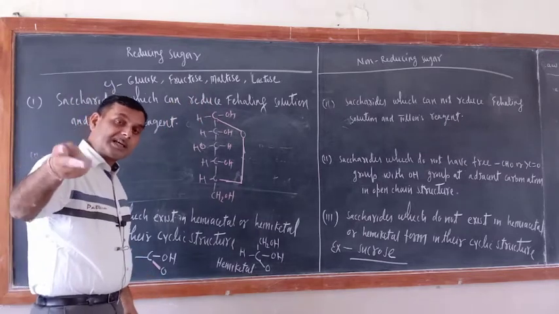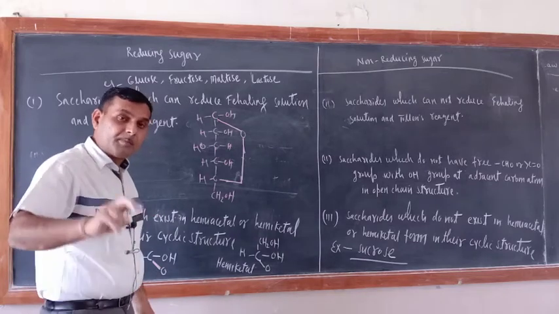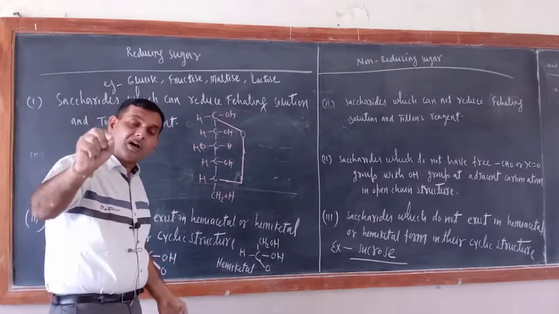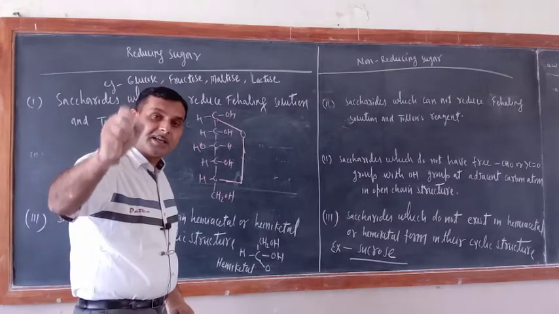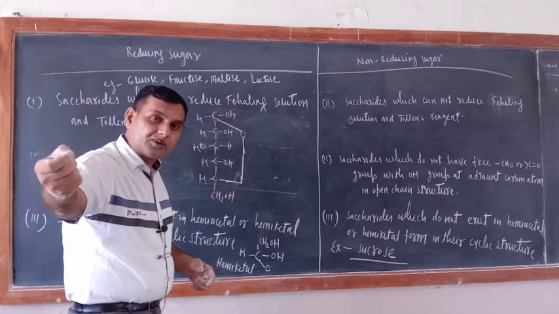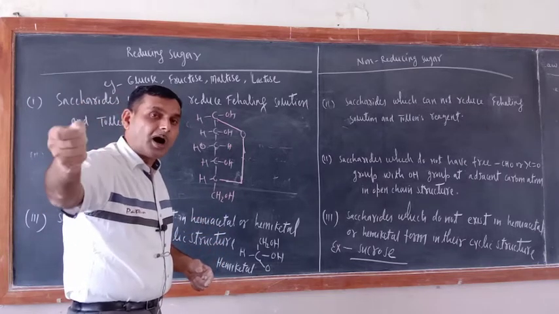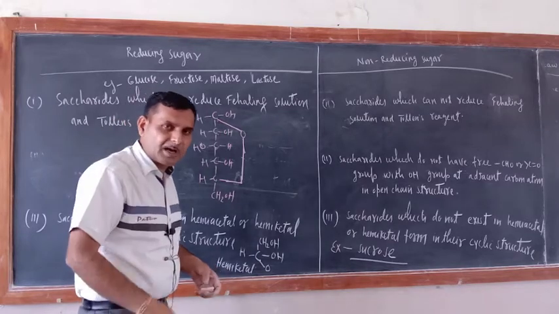Now you will tell, sir, in sucrose glucose and fructose both are there, but that is a non-reducing sugar, because in sucrose a 1,2 glycosidic linkage is there. So C1 of the glucose unit and C2 of the fructose unit, because fructose has the ketonic group at the 2 number carbon atom.